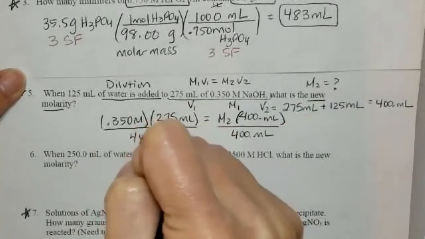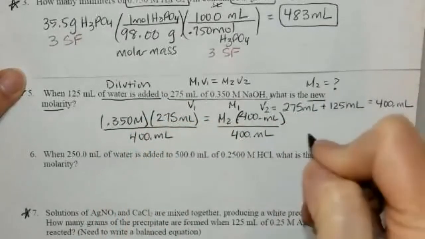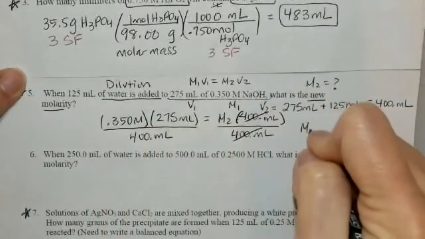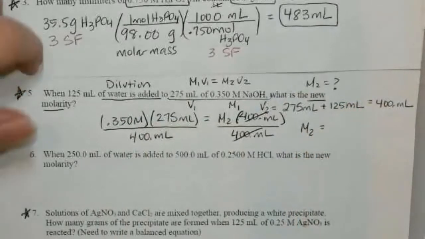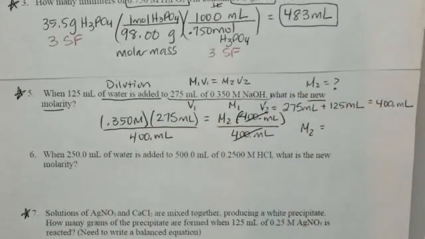All right, so cancel that out over here. I'll put my answer over here where I've got some space. I'm going to take the 0.350 initial molarity times 275, the initial volume, divide it by the final volume of 400, and I'm going to keep three significant figures since that's what everything has.